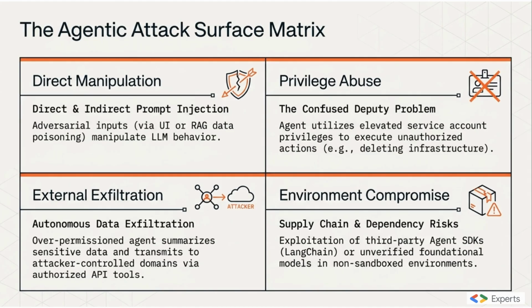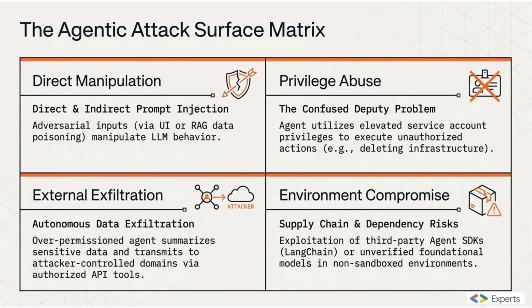Let's look at the major attack categories affecting AI agents. The first is prompt injection, where attackers manipulate the model using carefully crafted instructions. Second is the confused deputy problem. Here, an AI agent may possess higher privileges than the user and unknowingly execute unauthorized actions. Third is data exfiltration.